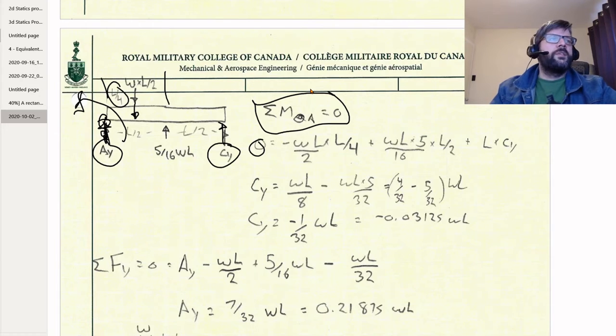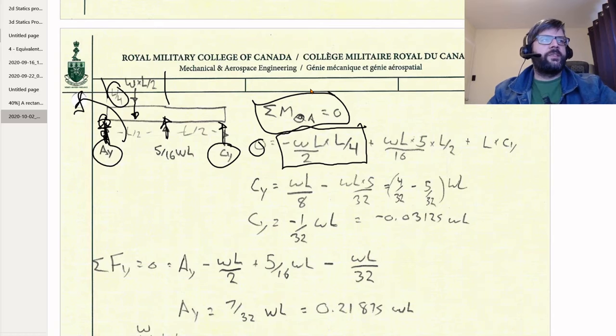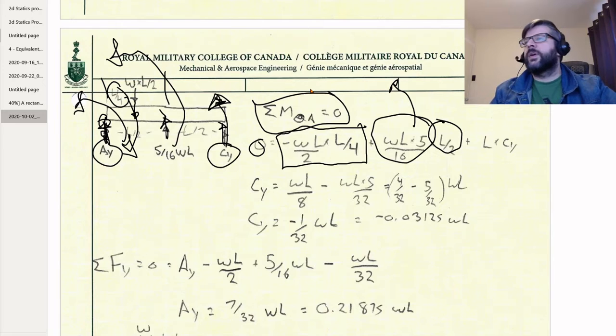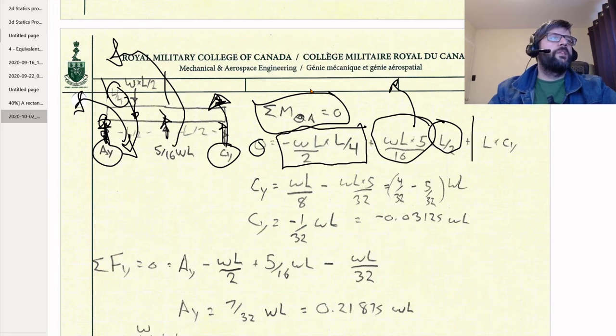Then we have this term here, the 5/16 WL times its distance, which is L over 2. That is positive, acting counterclockwise. This one here was a negative. This one here would be a positive, assuming we guessed the direction for CY, so that's plus L CY.